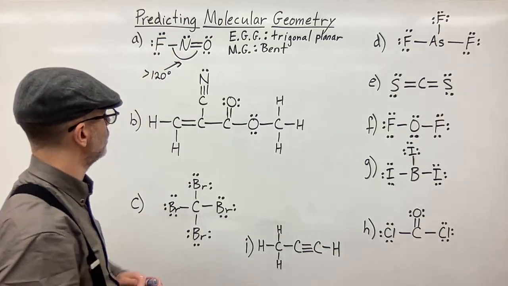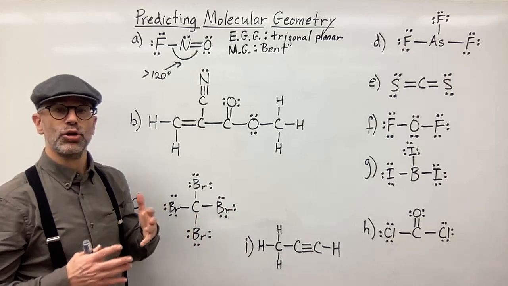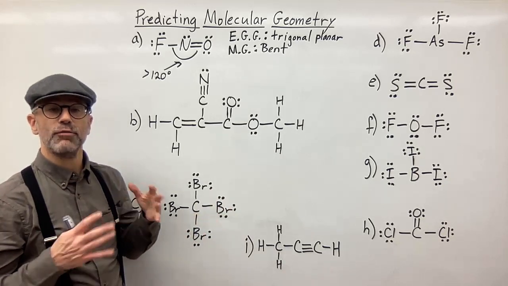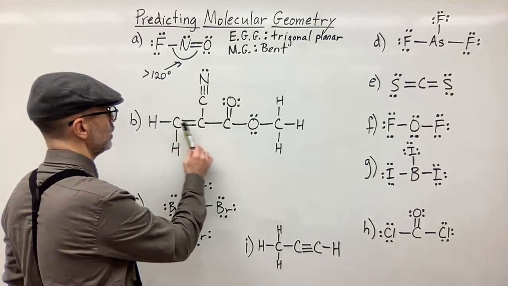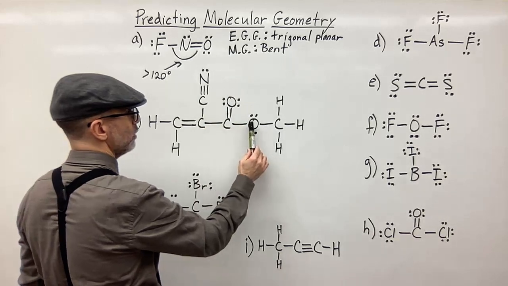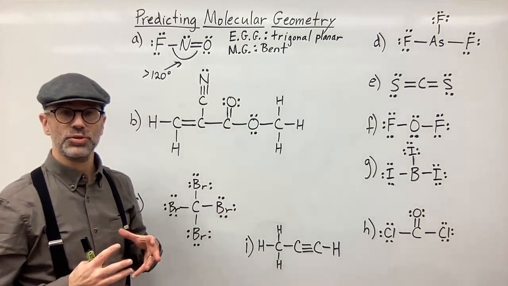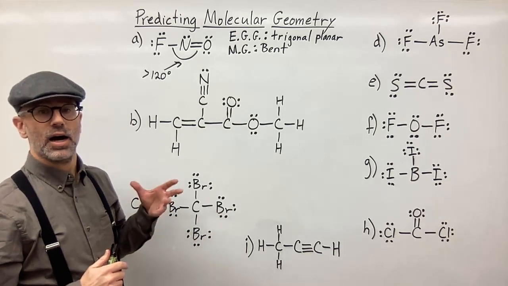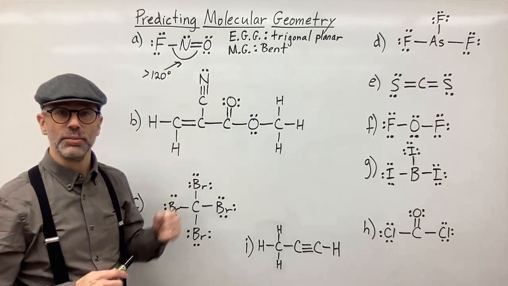Now, this molecule has several central atoms. We have 1, 2, 3, 4, 5, 6. Each of these has an electron group geometry as well as a molecular geometry.